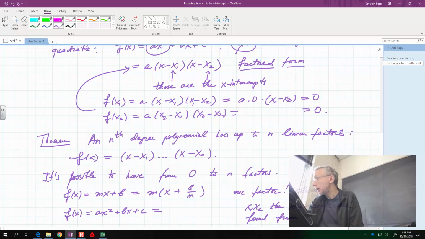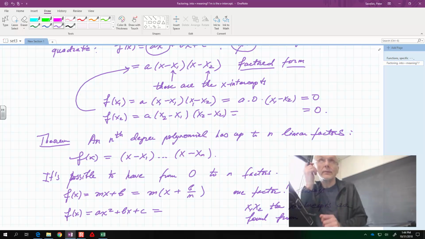How do we find the x-intercepts of a quadratic polynomial? You know the answer. It is probably the most basic thing about quadratic polynomials.